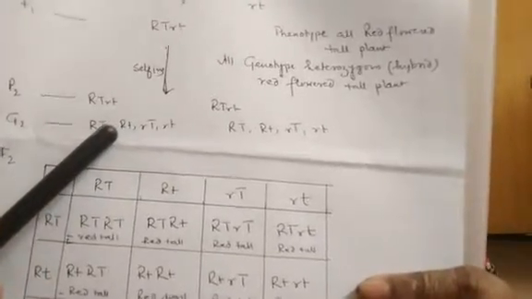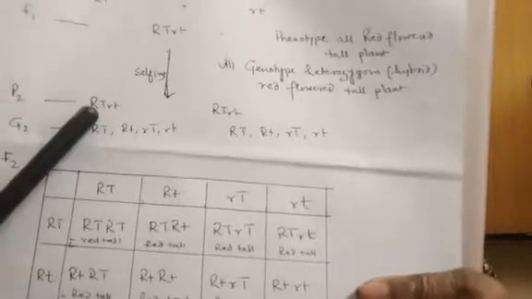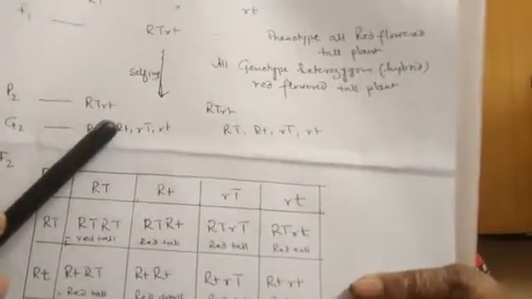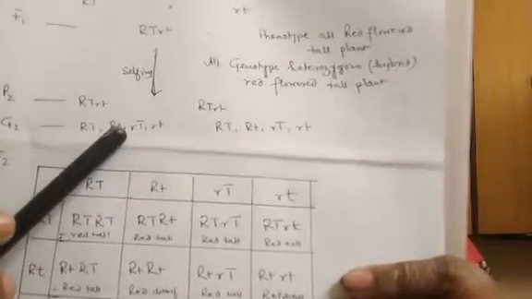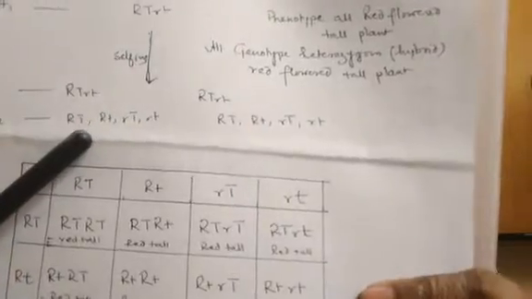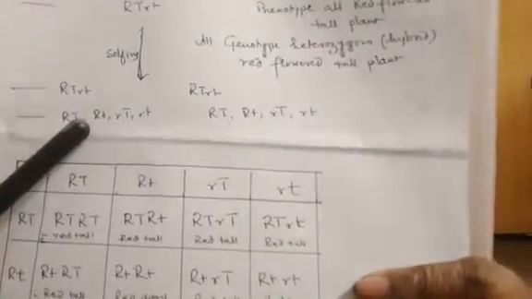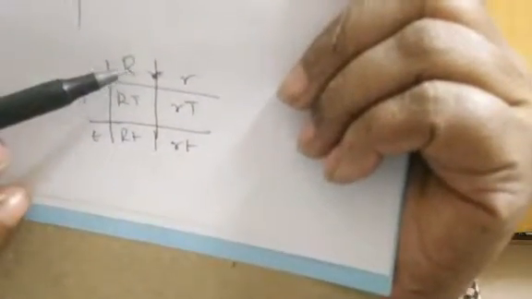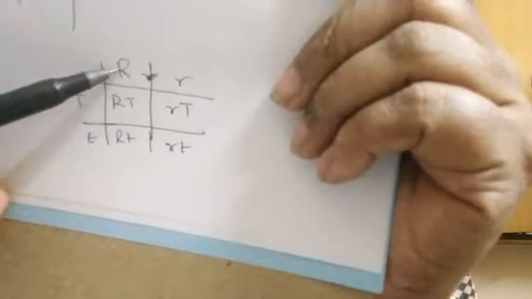So each of the factors can independently separate from the other and join, so they assort independently from each other during the formation of gametes, and can form all types of combinations.